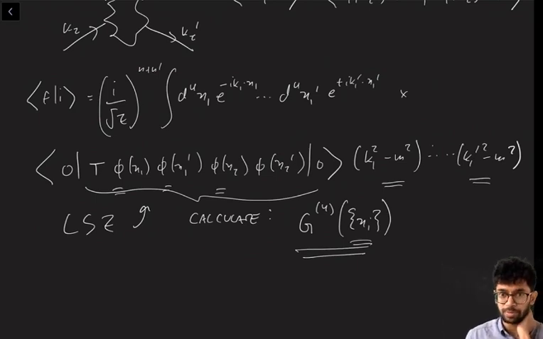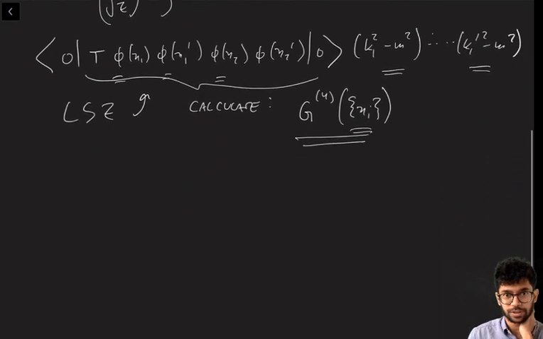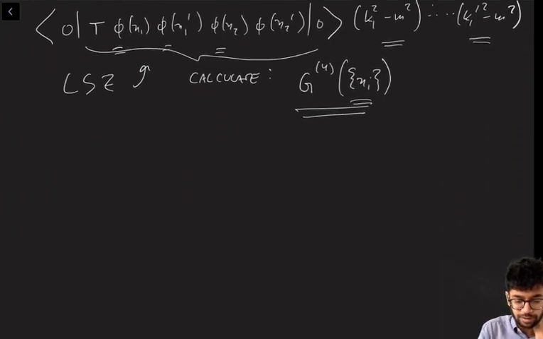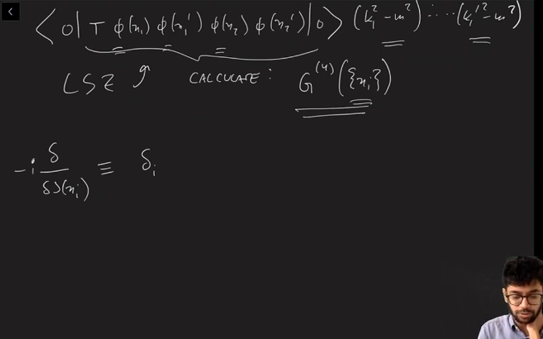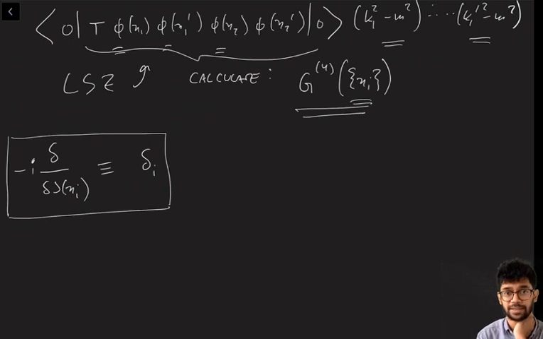So let me also introduce a bit more notation. Just for notational reasons, I'm going to abbreviate the functional derivative with respect to j of xi, together with a factor of minus i, which is useful, by delta i. This is just notation.